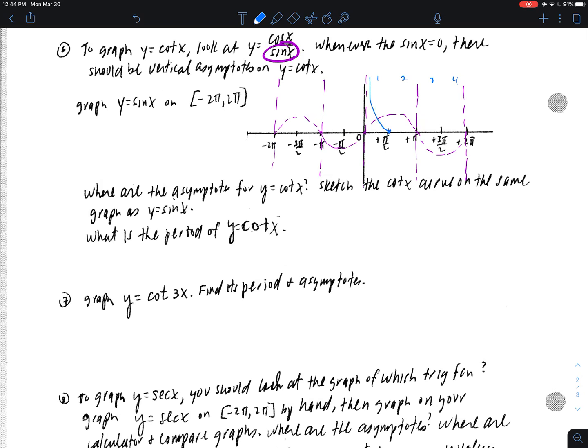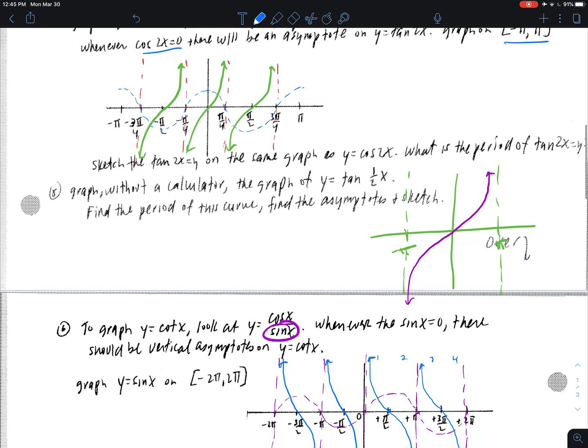And then in quadrant 2, it's negative and still decreasing. And then we know that quadrant 1 behaves the same as quadrant 3 with respect to tangent and cotangent. So I end up with this graph here for cotangent.